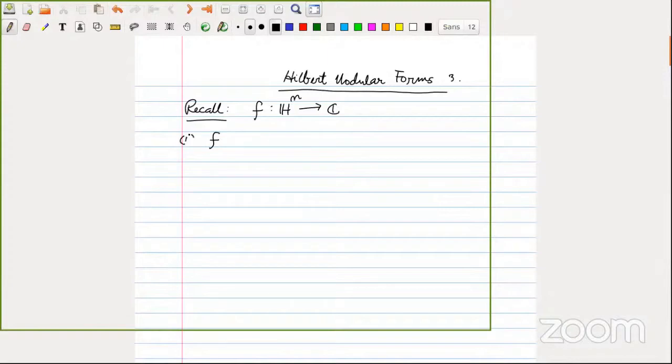So f of mz equals n of cz plus d to the power of k times f of z. And in the background there is a discrete subgroup, and this is for all m inside gamma.